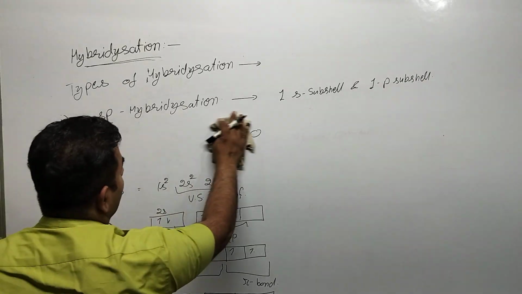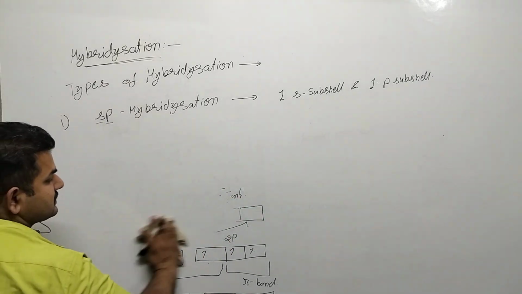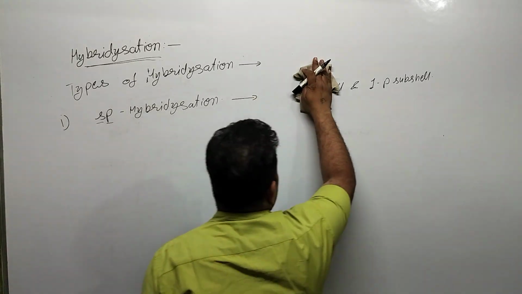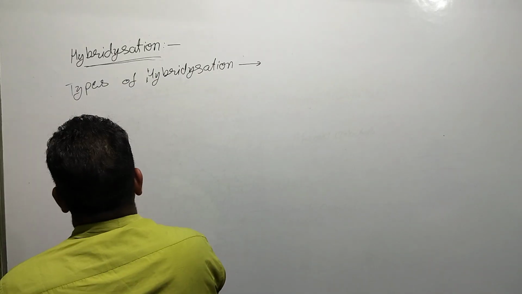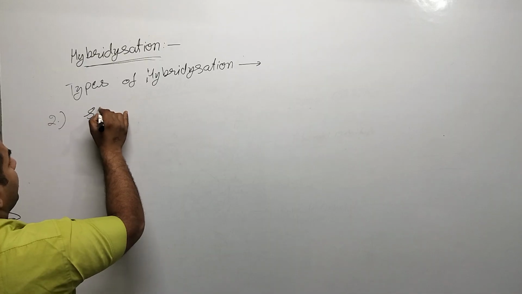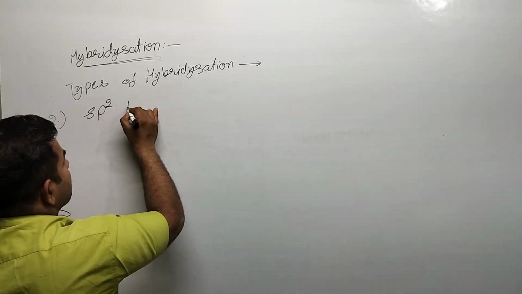Next, we talk about the next type of hybridization, that is sp2 hybridization. This is the second type.